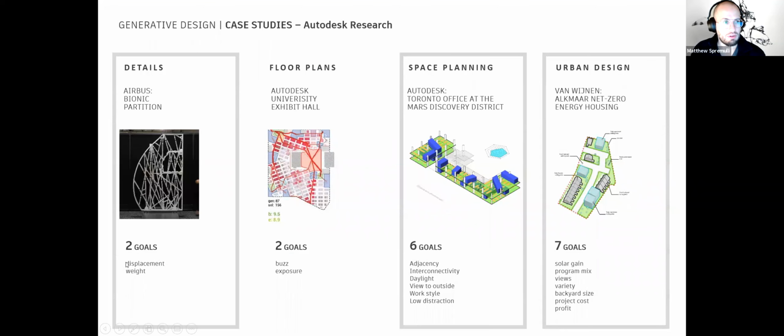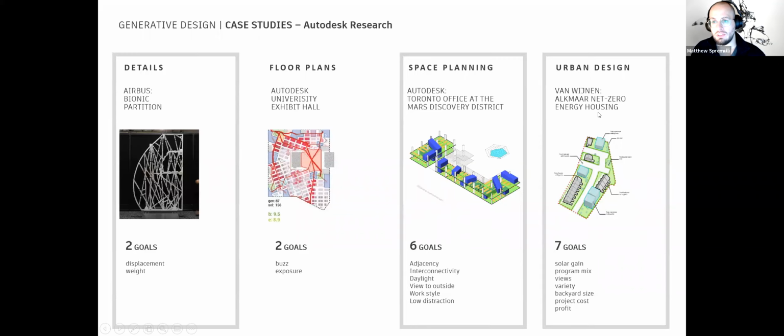And I like these 3 because they scale in terms of the goals. So this was a very early project using some tools where there were 2 goals. The office that I work in Toronto, we used the same technology to design our office. And here we were using 6 goals.